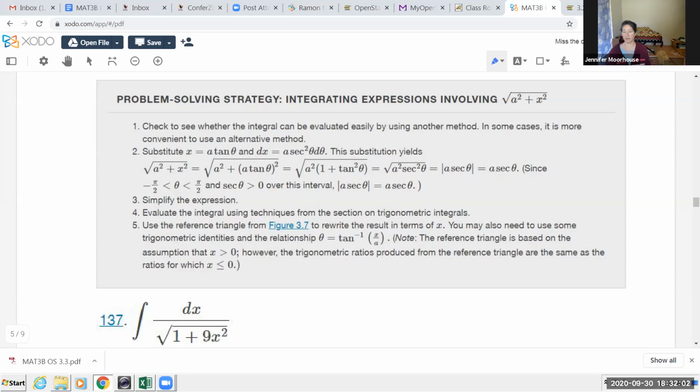And then what's the dx going to be after you make that substitution? You'll notice that this one's a little bit different than the setup. The setup is a squared plus x squared, and this isn't quite that, so you have to think a little bit harder on this one.